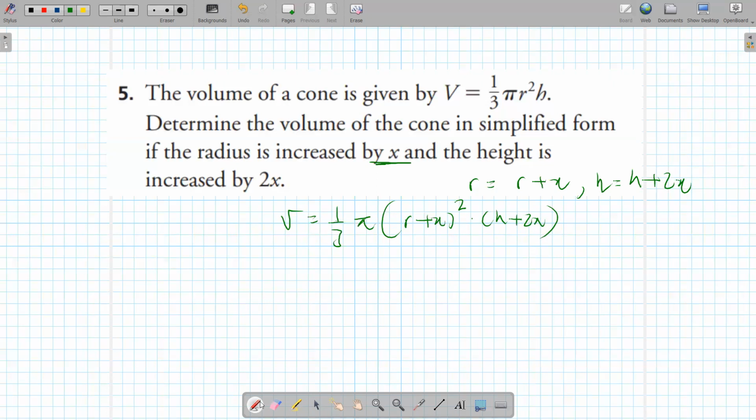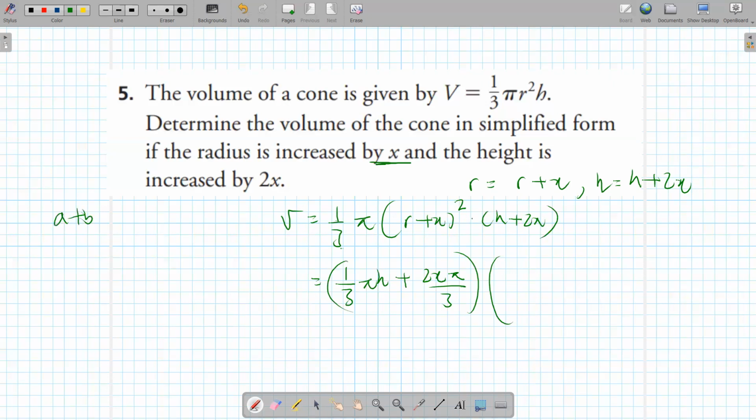We can open this, I guess. I'm going to FOIL this with the h term first. Because it says in simplified form, that means they probably want it FOILed. So I multiplied this in there, I got that. Do you remember what the formula was for a plus b whole squared?